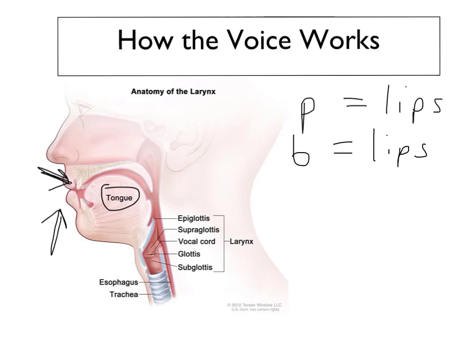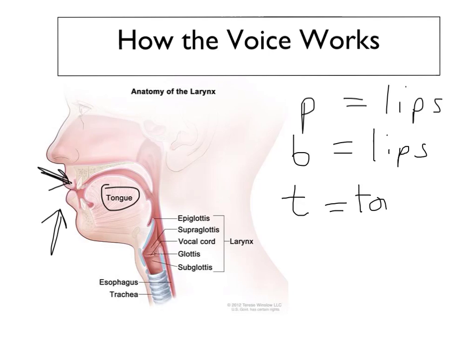Now, if you wanted to do another sound, like T, for example, that requires a combination of 2 things. So it requires your tongue just to slip up and meet just behind the teeth here, so that it sounds a bit like t, t, t, t, and that is the sound of your tongue meeting your teeth.